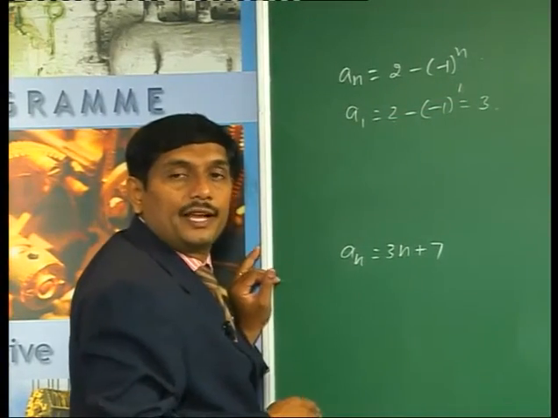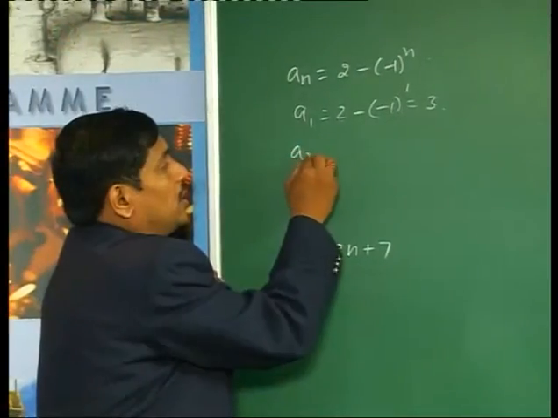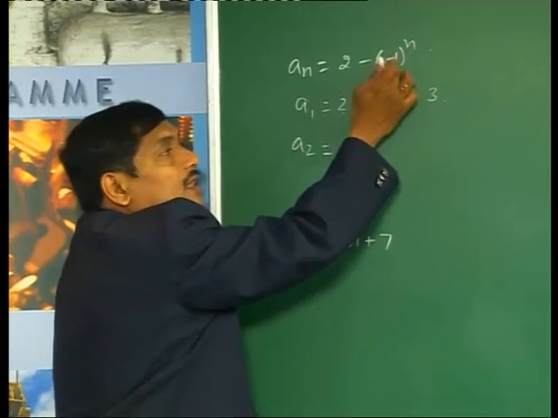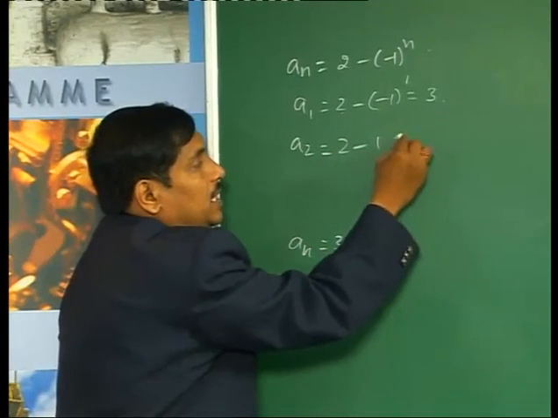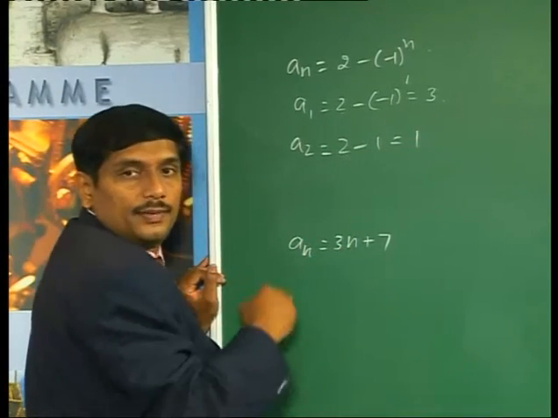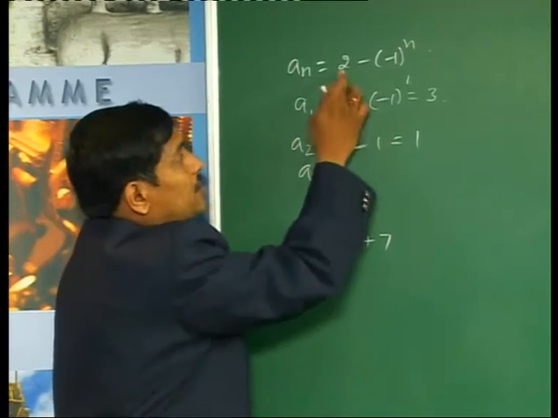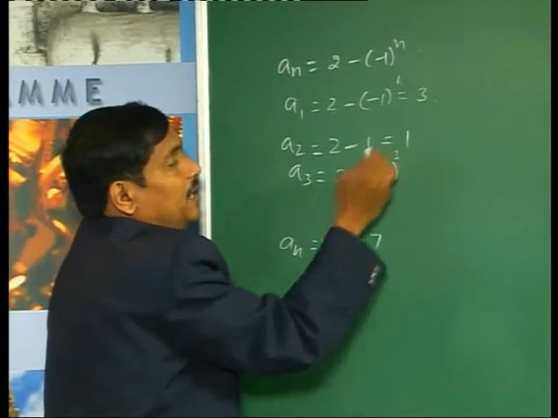That one we represent as a1 equals 3. If you put n equals 2 here, a2 equals 2 minus (−1) to the power of 2, that is minus 1 into minus 1 is plus, you get 2 minus 1, you get 1.